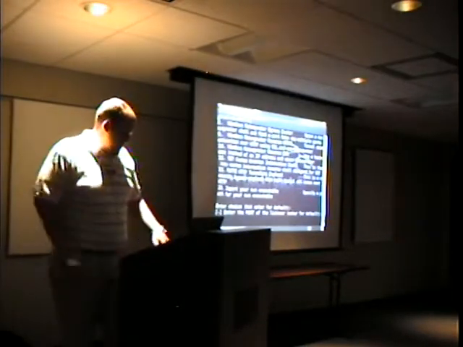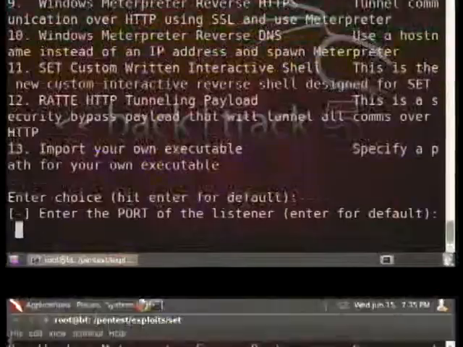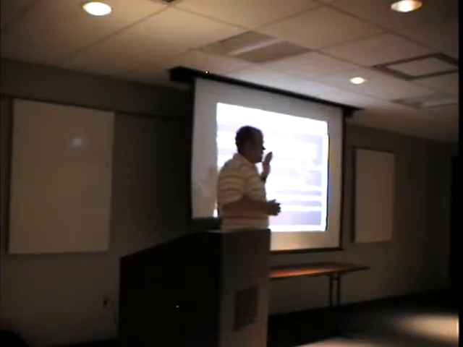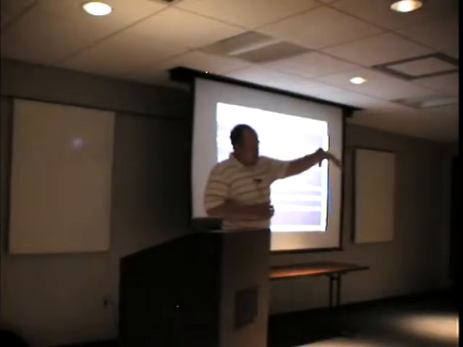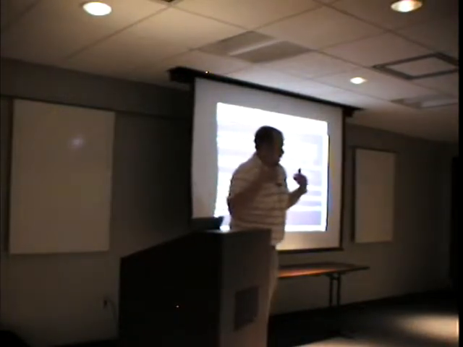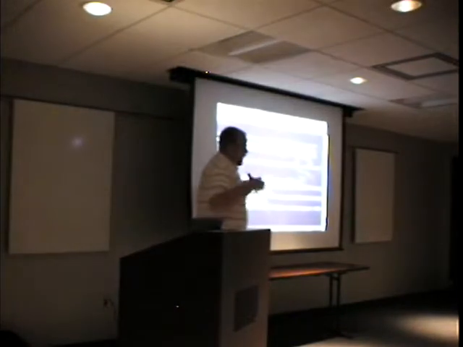And so we just select the default interactive shell, and what this is going to do is load the Crypto.Cipher Python library. SET is listening right now for incoming connections, similar to a reverse Meterpreter, right? So when someone sends a payload onto a system and it executes, it triggers on the victim's machine and then sends a signal back out to us as the attacker. So we have a listener waiting for that connection back.